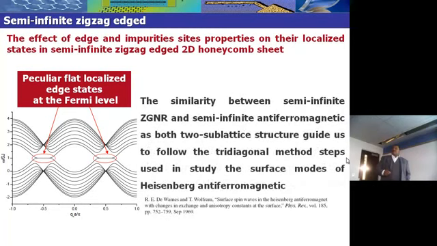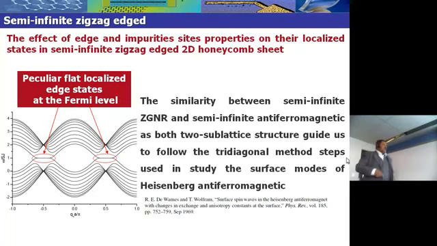Given the similarity between the crystal structure of the Heisenberg ferromagnet and the structure of the semi-infinite graphene nanoribbon, we found this lets us follow the tri-diagonal method steps used before to study the Heisenberg ferromagnet.